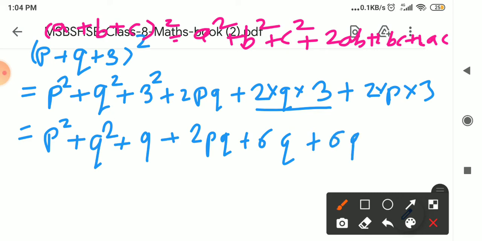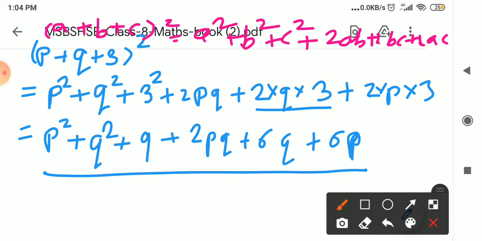Okay, 6P. So (P plus Q plus 3) bracket square's factorization is P square plus Q square plus 9 plus 2PQ plus 6Q and plus 6P. Okay, so in this way we have to use this formula to solve the example.